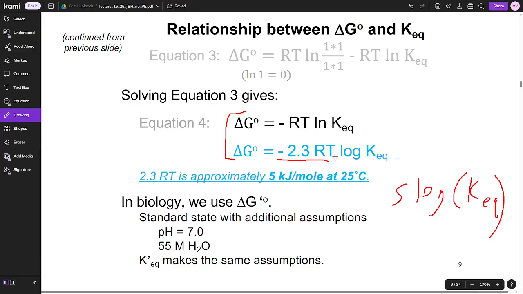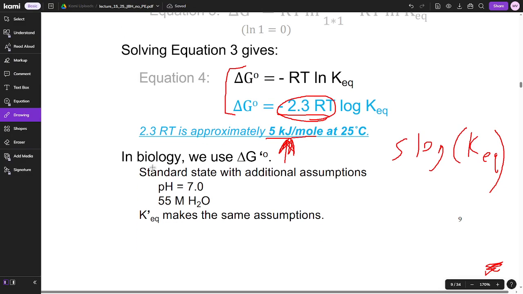Basically, all of this stuff here cancels out to around 5 kilojoules per mole. Make sure it's in kilojoules. Kilojoules is very important, not anything else. And then here are the standard conditions that we use this under: pH 7, 55 molar, and KEQ makes the exact same assumptions.